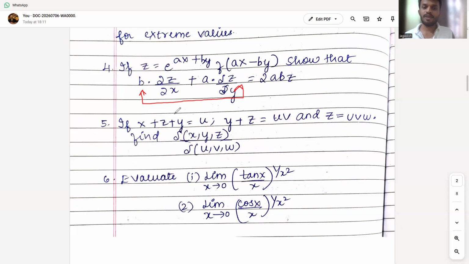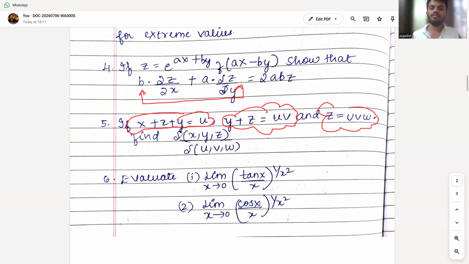So if x plus y plus z is equal to u, y plus z is equal to uv, and z is equal to uvw, find the partial derivative of x comma y comma z divided by the partial derivative of u comma v comma w.